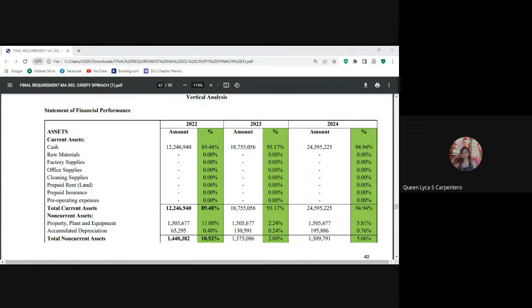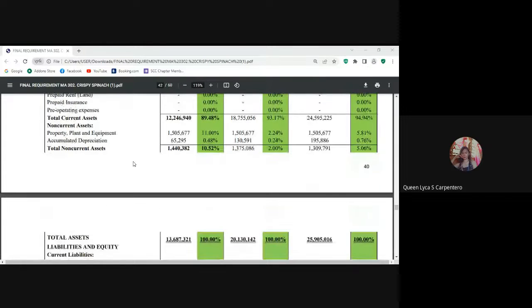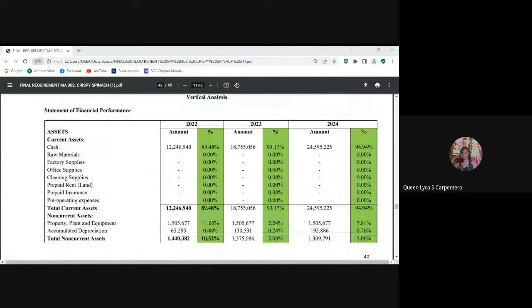So, gikuha ning 89.48% kay sa iyahang cash, then i-divide lang sa total asset niya. Same gyapon sa raw materials, factory supplies, office supplies, cleaning supplies, prepaid rent land, prepaid rent, prepaid insurance, pre-operating expenses.